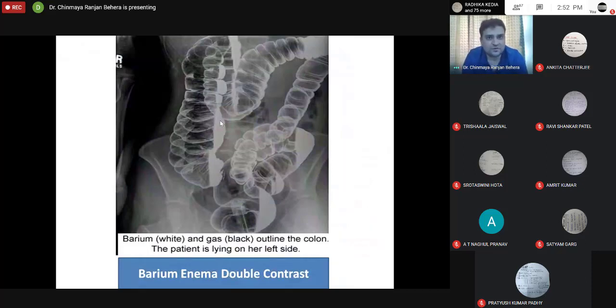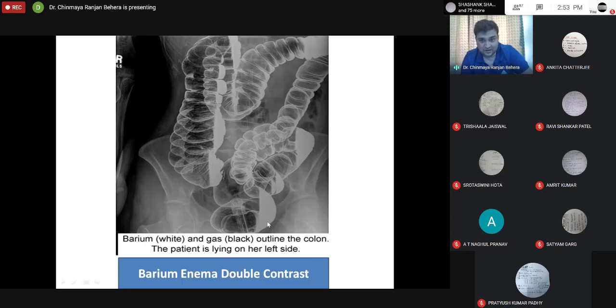This is just for you to know about barium enema. What you see is some instrument pushing the enema into the large bowel. You can do a barium enema or a barium enema double contrast.